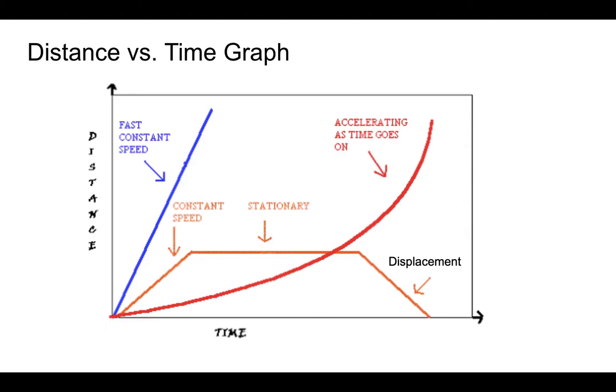You're continuing to increase distance as the time goes on, but notice how the slope gets greater and greater as you go. That has something to do with what we call acceleration, which we'll be getting into later this week. And then the orange graph is kind of tracking displacement. Here is as if someone starts heading off in a direction and then stops, hangs out for a while. They're stationary. And then they start walking back to where they came from. And so the displacement ends up being zero.